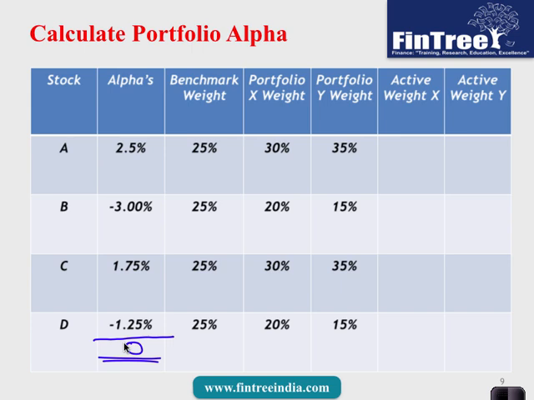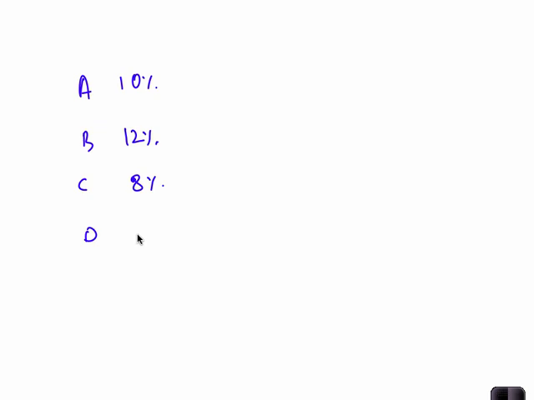Because imagine the return on the entire portfolio, so it works like this. Let us say you have security A, B, C and D, and we have some return on this. Okay, so let me make up an example. Let's say this is 10%, this is 12%, this is 8%, and this is 10%.